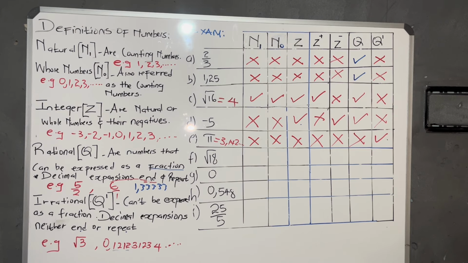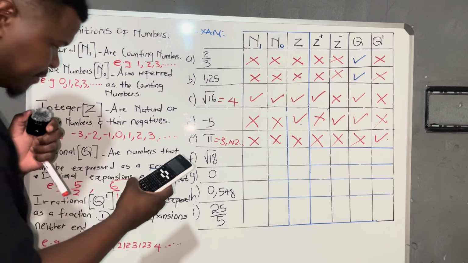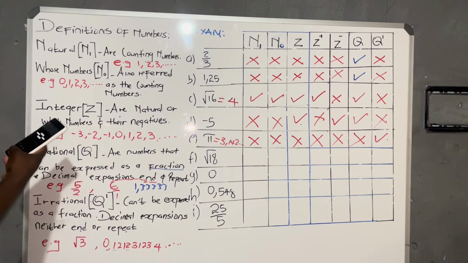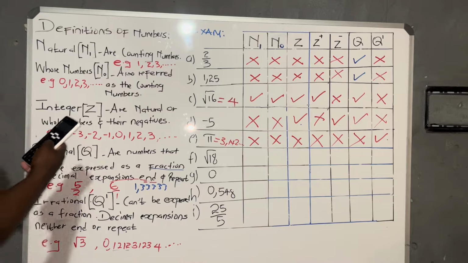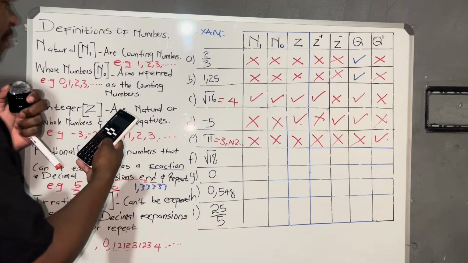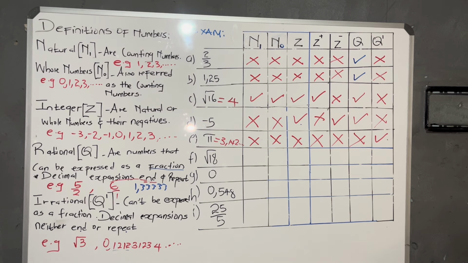Let's come to 18, square root of 18. I don't know what the square root of 18 is. From your side, you can punch a calculator just to know what the square root of 18 is. My calculator tells me that the square root of 18 is 4,242640687, just a whole lot of numbers.